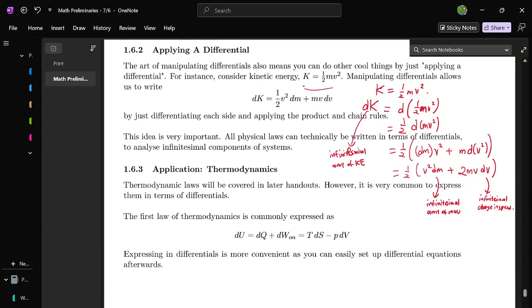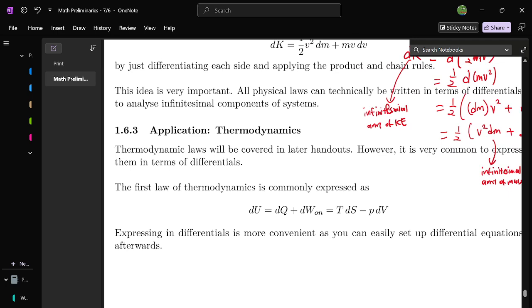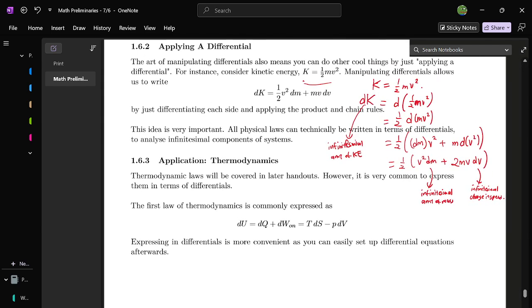For example, in thermodynamics, you'll see later on how we write the thermodynamic laws, and we almost always write them in terms of differentials. For example, this is just the first law of thermodynamics. You see that it's written in differential form, and you usually want to write this in differential form as this allows you to set up differential equations, which you can integrate later on.